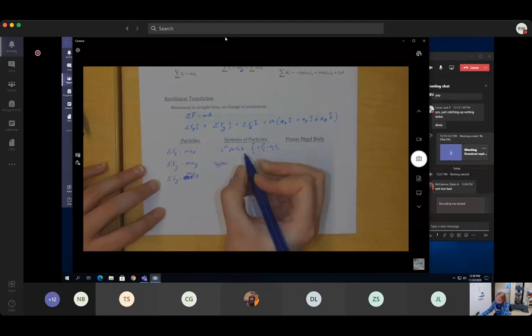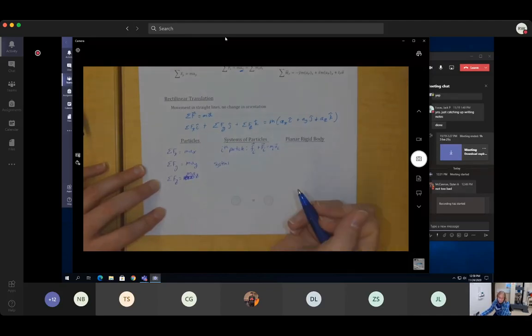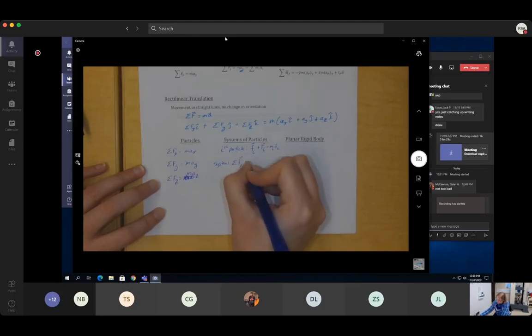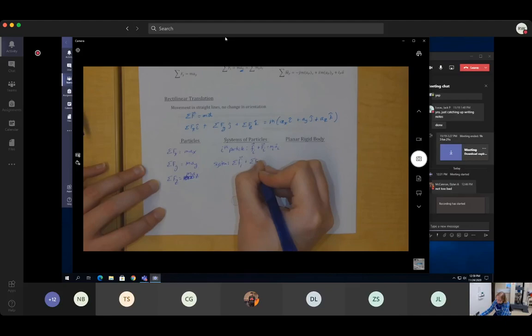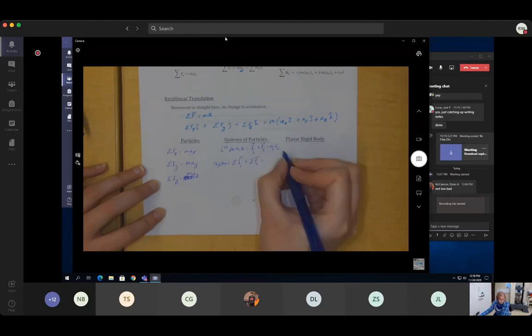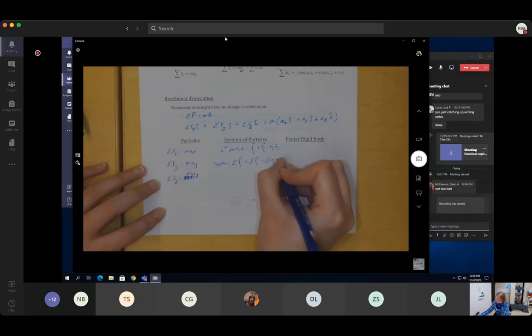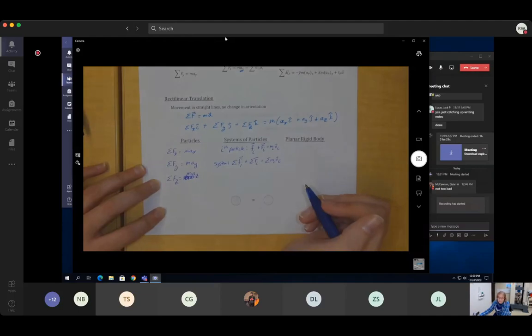So when we get to the system level, we need to add all of those up. And so we'll add up all of the internal forces plus all of the external forces, and we can come up with a sum of the mass times acceleration of all of the particles that make up the system.